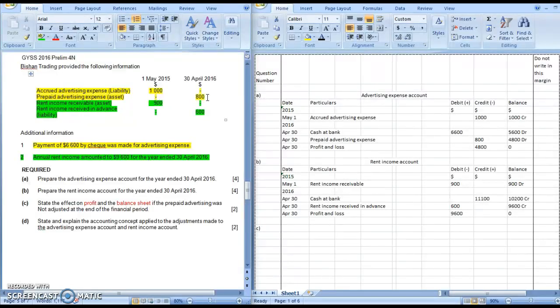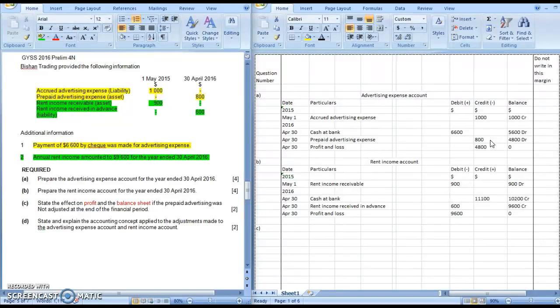So the question is asking that if you do not recognize this $800, that means if you do not have this entry down here, what happens to the profit and the balance sheet? Now here, in this line, we actually minus $800 from the advertising expense account.